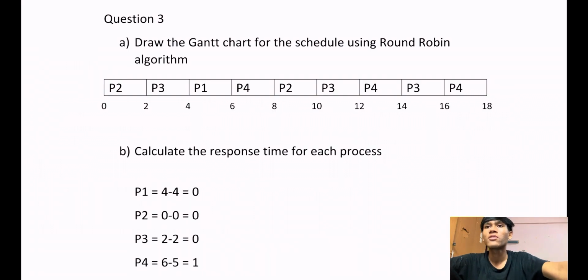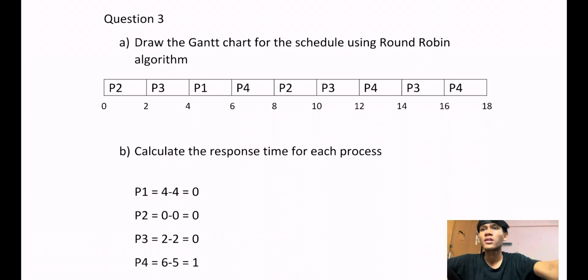So the Gantt chart will be like this. So P2, P3, P1, P4, P2, P3, P4, P3 and P4. The numbers are 0, 2, 4, 6, 8, 10, 12, 14, 16 and 18.